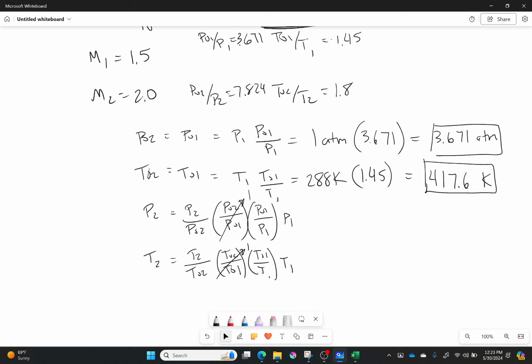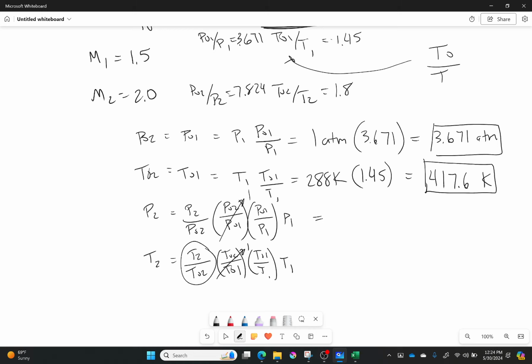Now, when you're doing this, be very, very careful, because remember that when you're getting the values from the appendices, it's always the stagnation on top of the static. And right here, I do not have that. I have the static on top of the stagnation. I need to invert it. So just make sure you're seeing that so you don't make any mistakes.